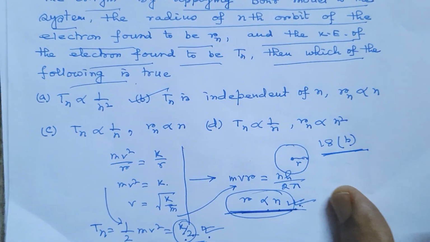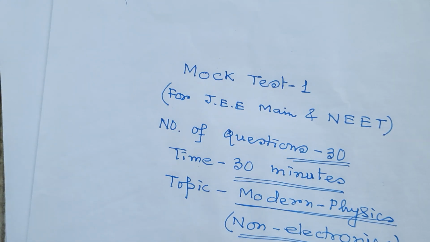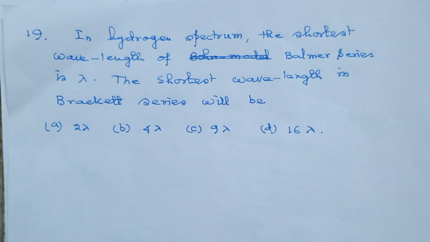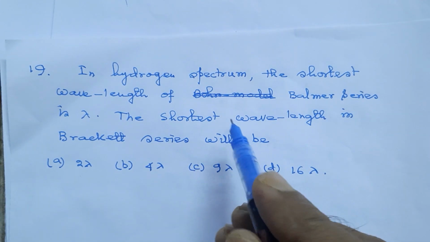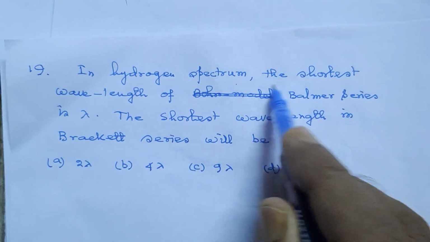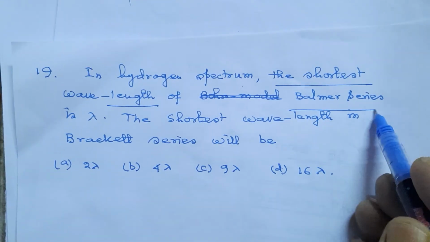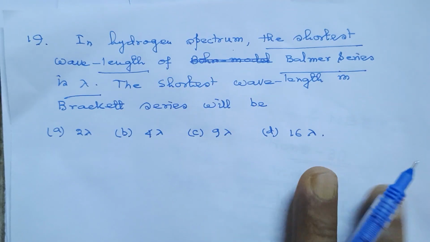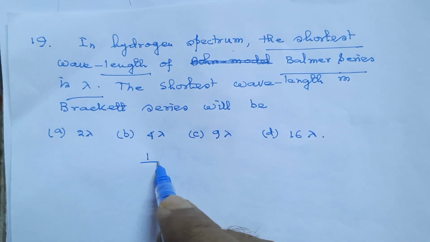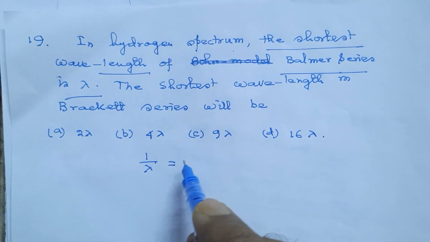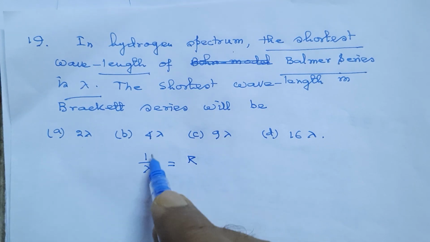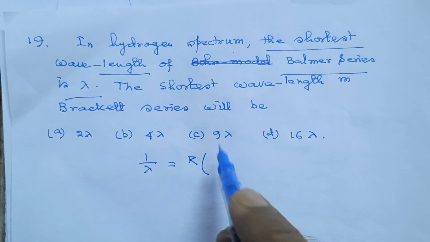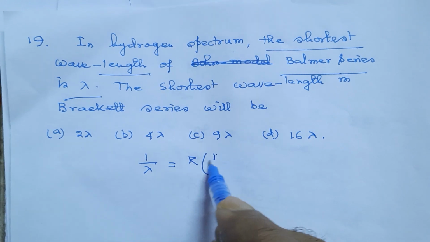Now let us take the next question, question number 19. In question number 19, we see that it is a hydrogen spectrum related question. In the hydrogen spectrum, the shortest wavelength of the Balmer series is lambda. We know that the wavelength of the emitted radiation lambda is given by 1 by lambda equals R into 1 by n1 square minus 1 by n2 square.